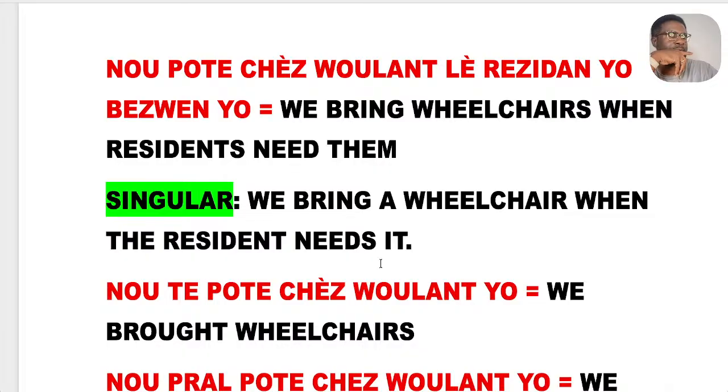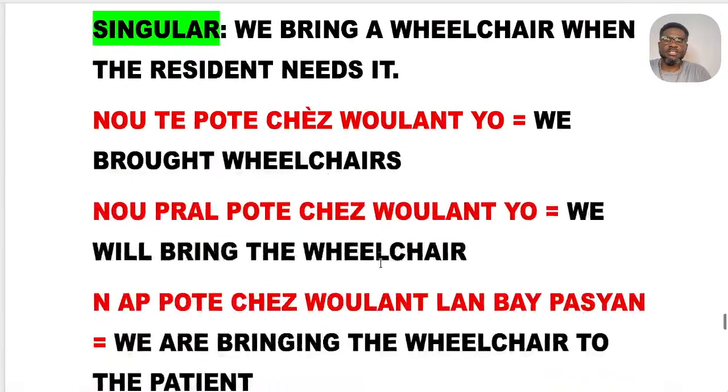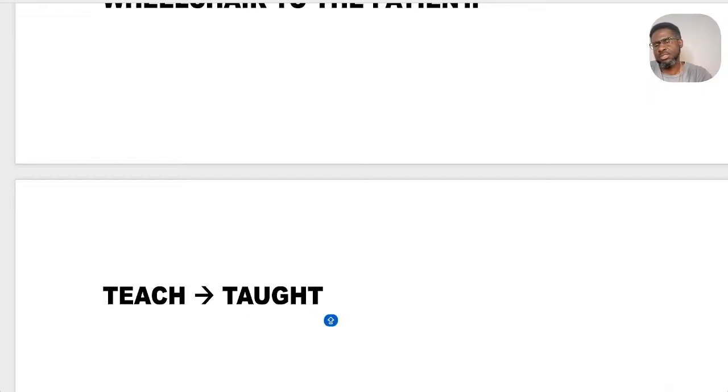The verb is to teach, which has the same V2 and V3. Teach, taught, taught. It means to help someone learn, or pour enseigner.